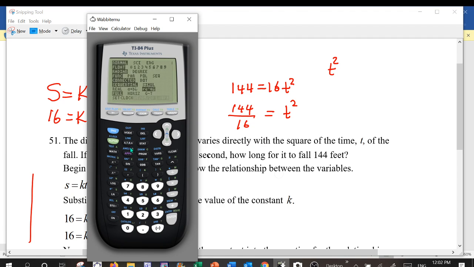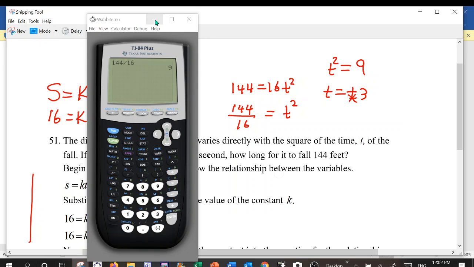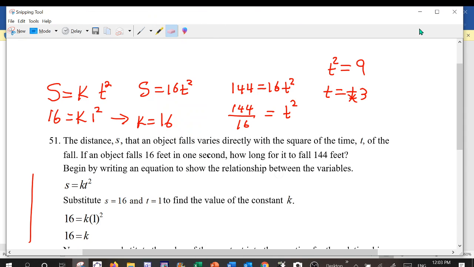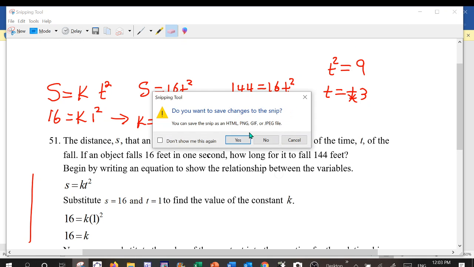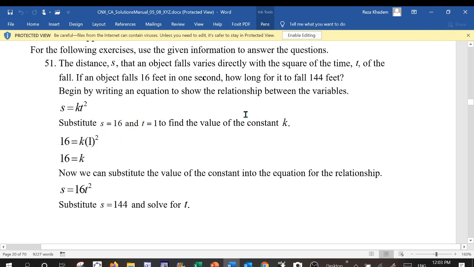So 144 divided by 16 is 9, and then take the square root. So that's a 9. So t is plus and minus 3. Obviously, the negative doesn't make sense here, so we use the positive. So the answer is it takes 3 seconds.